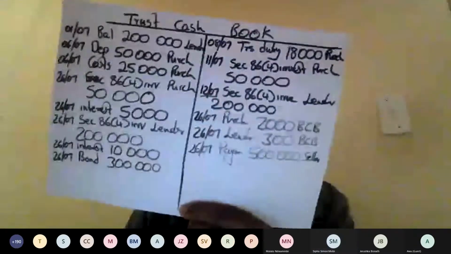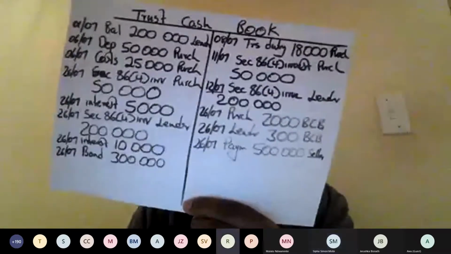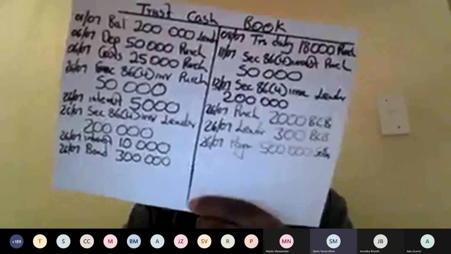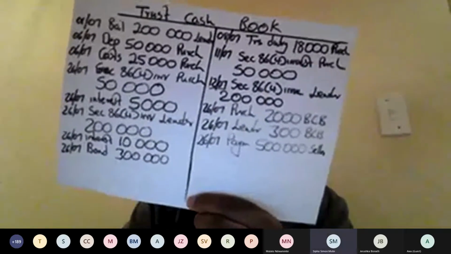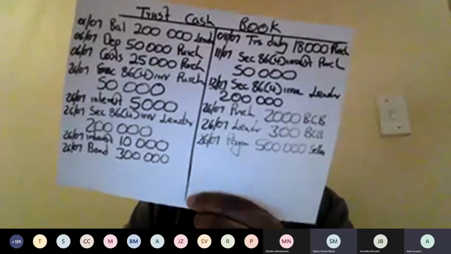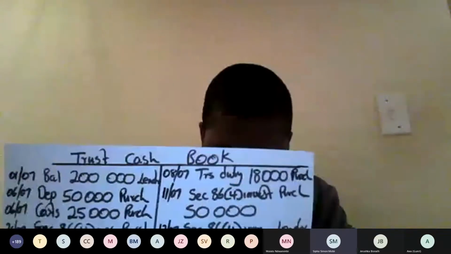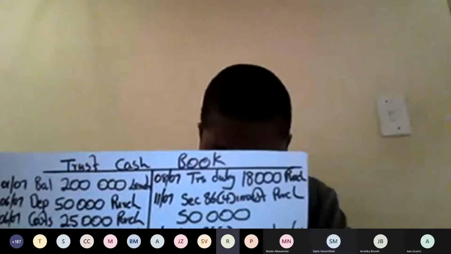We have credited our trust cash book, and then we are going to debit the seller's trust. You go to the seller's trust ledger account, 26 of 7. That cash payment, 500,000 rands TCB.